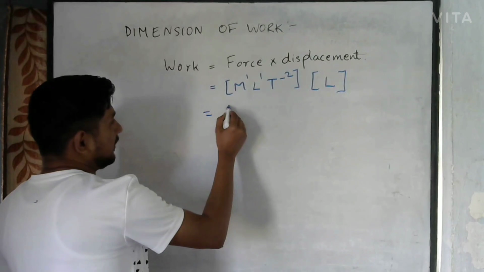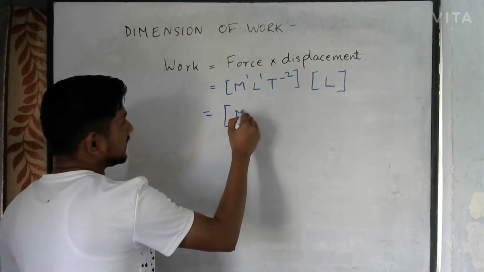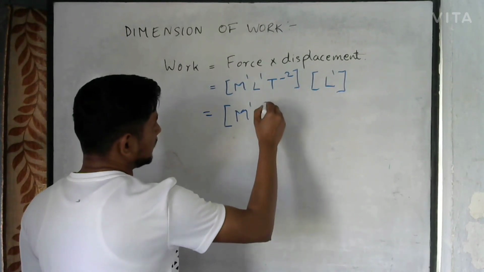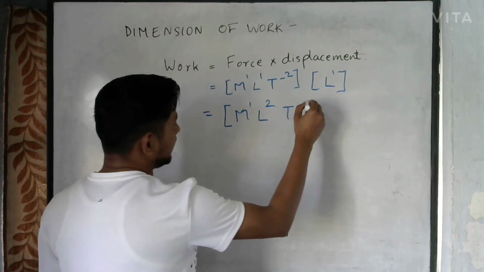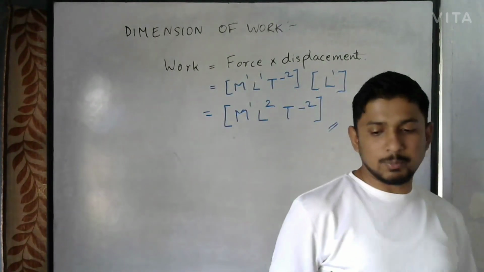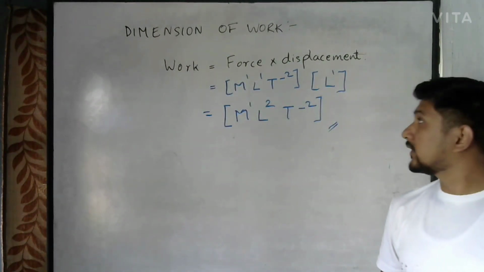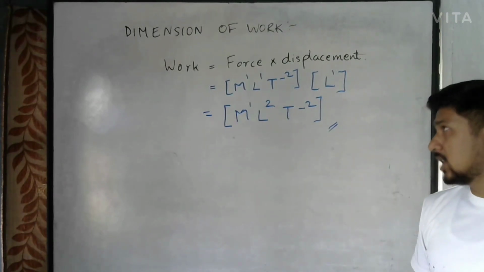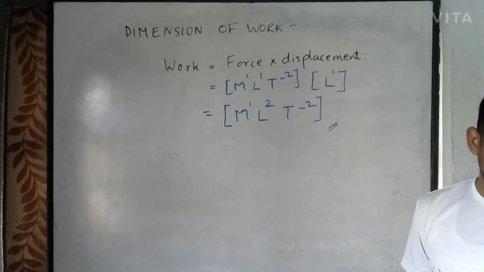Then the thing comes as M^1. Now this L and this L, this is also to the power 1, becomes L^2 and T^-2. Okay, so this is the dimension. Dimensions are very important, so please note this down. I hope this is clear. The dimension of work is M^1 L^2 T^-2.